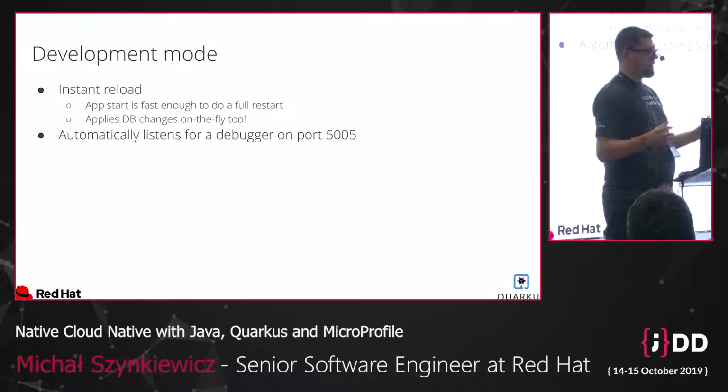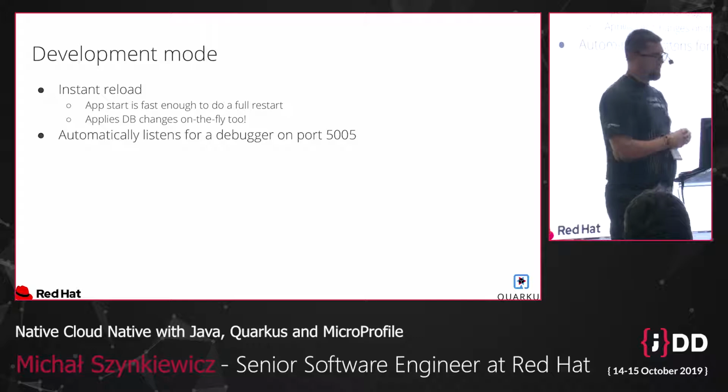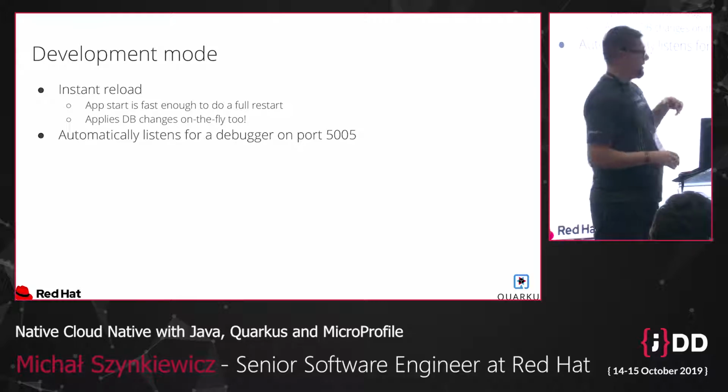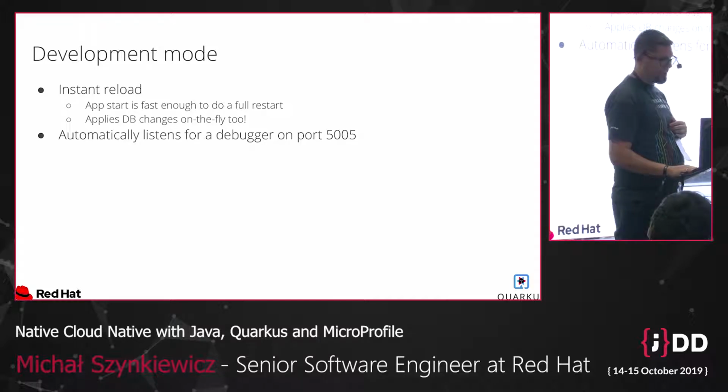The variety of changes that are supported is really wide. So for example, you can have also database schema changes done on the fly. Also, in this special mode, the Quarkus application listens for the debugger on port 5005.